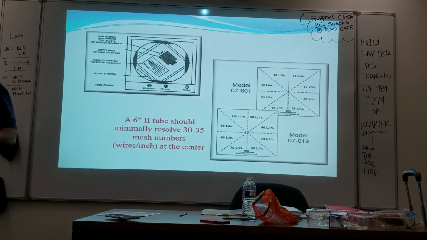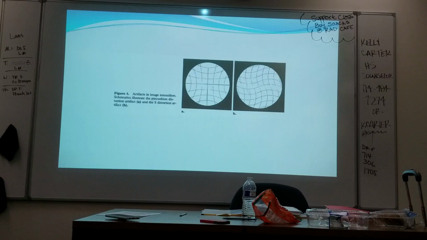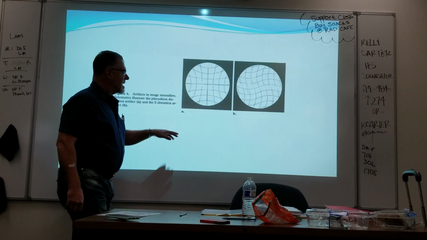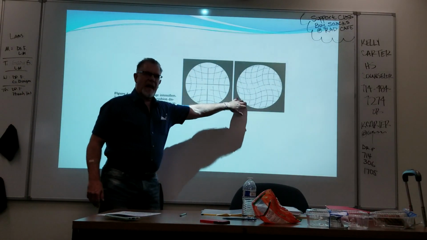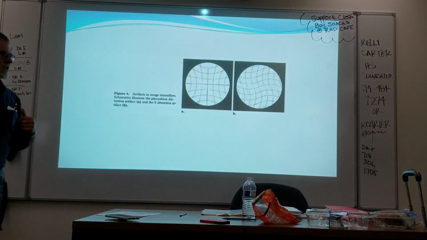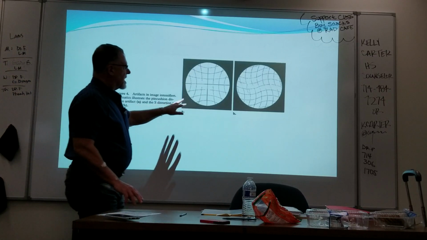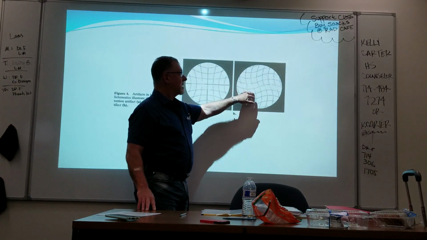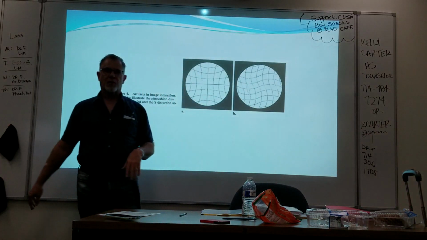Phantoms come in all sorts of shapes and designs and expenses. Major artifact that we get in image intensifier is pin cushion, which is on the left. The other one, not so much now, but in some of the less expensive units, unless they're shielded, if you get a piece of metal close to this, or you're in a magnetic field, you'll get this S-shaped distortion.